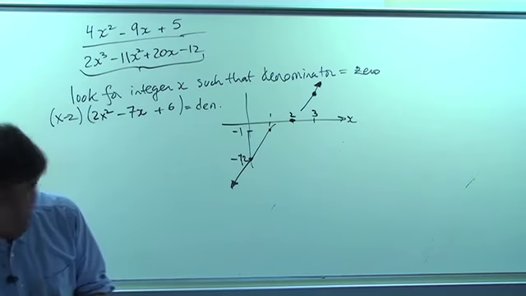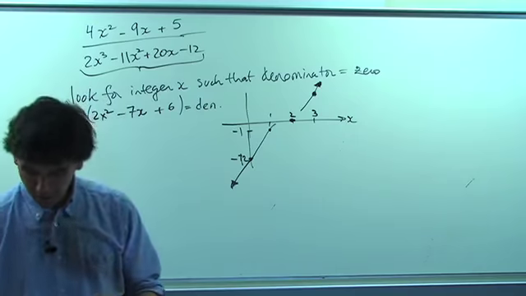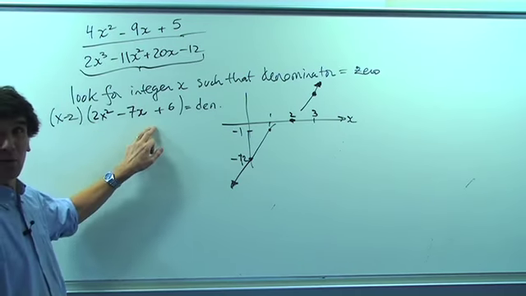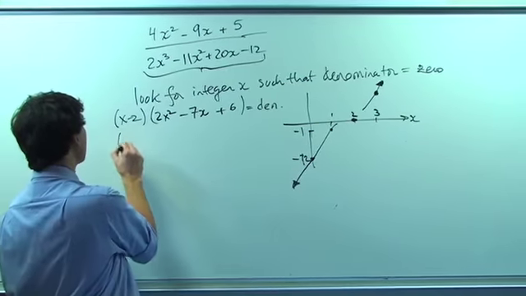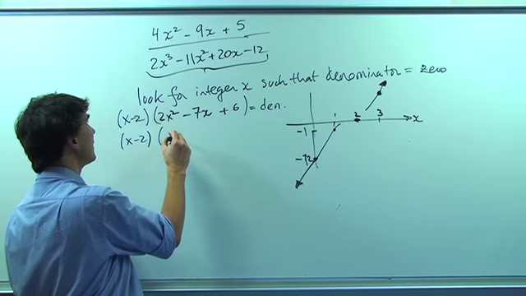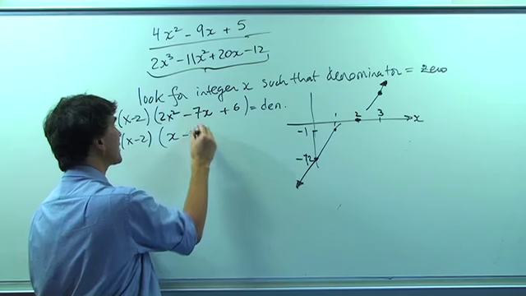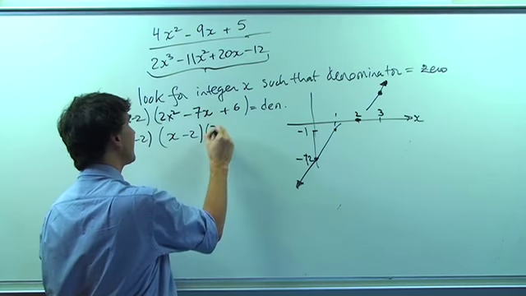So we need to factor this quadratic. And by curious coincidence, this quadratic is the same as one of the quadratics that we looked at earlier. The x minus 2 stays here, and this we've already factored. It is x minus 2 times 2x minus 3.